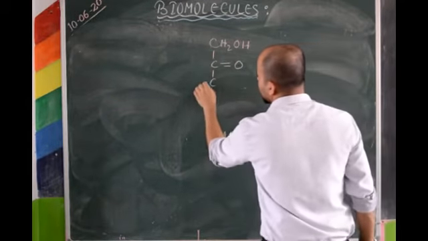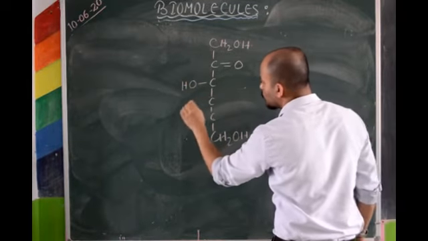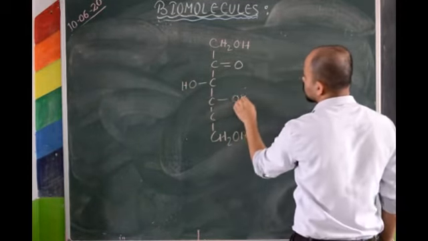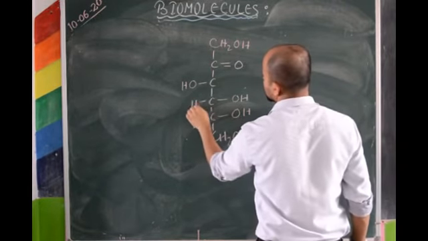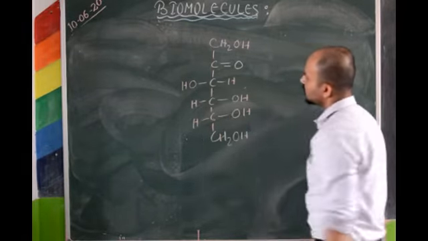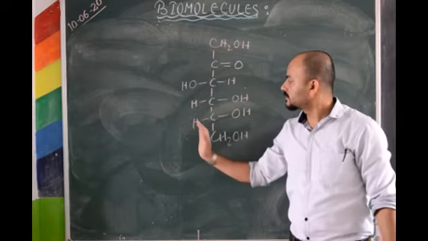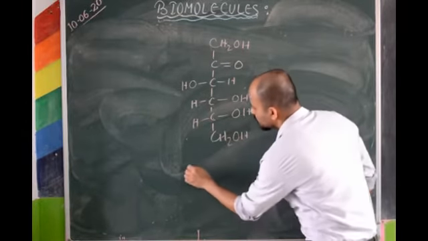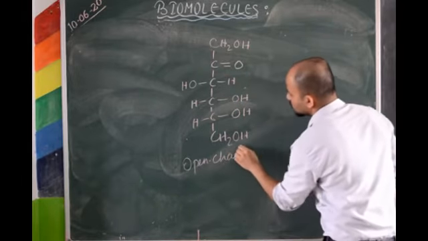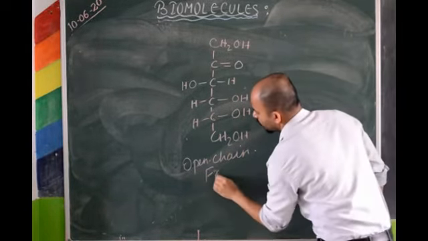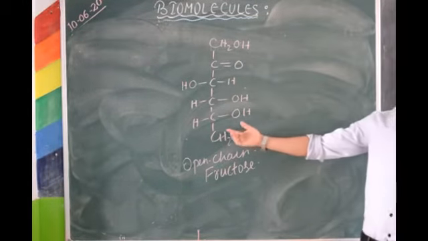Please don't forget. And the rest of the arrangement of hydrogen and OH was similar to that of glucose. This is the open chain structure of fructose.